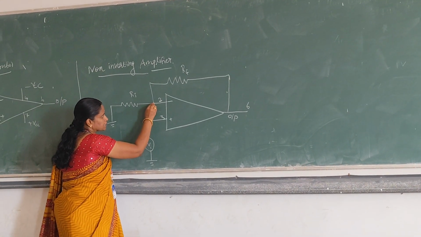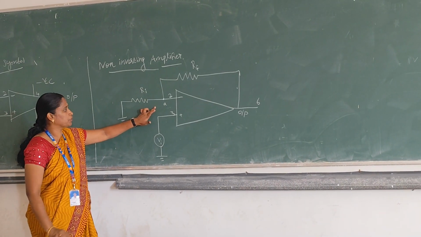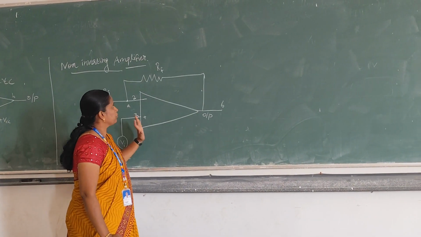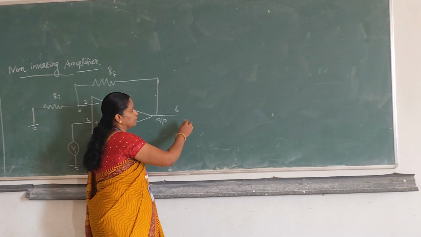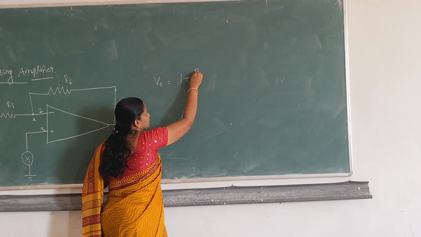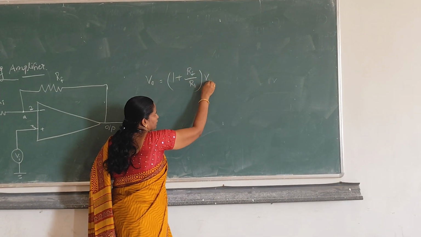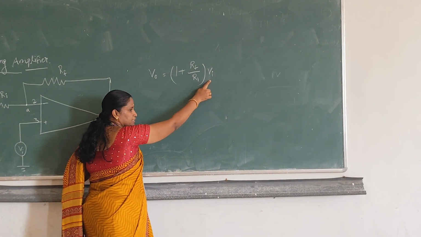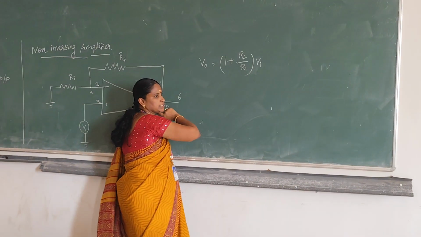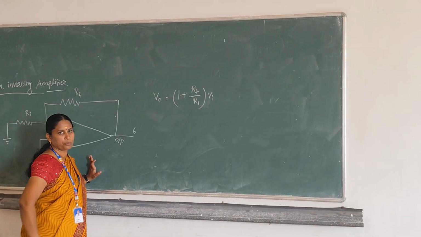We can take this as node A, which you always assume as a virtual ground, that is, an imaginary ground. The output voltage of this non-inverting amplifier is given by V0 equals 1 plus Rf by R1 into Vi. Here Vi is the input voltage, Rf is the feedback resistance, and R1 is the input resistance. Using this formula we can calculate the output voltage.